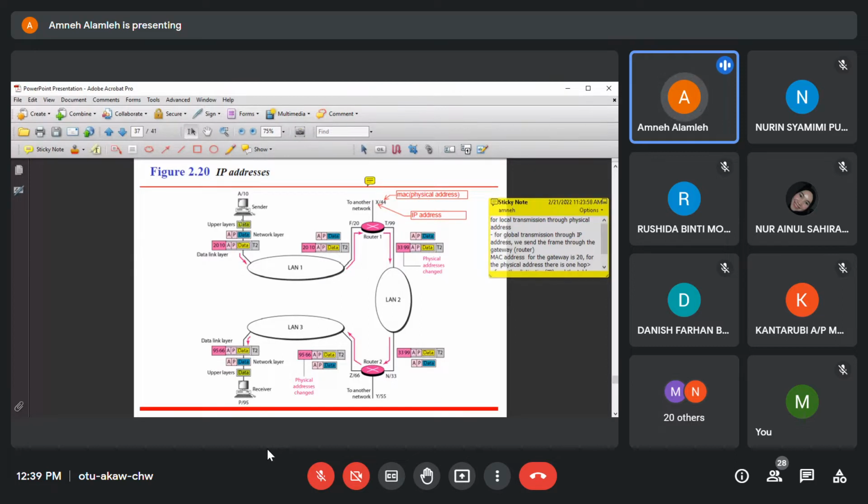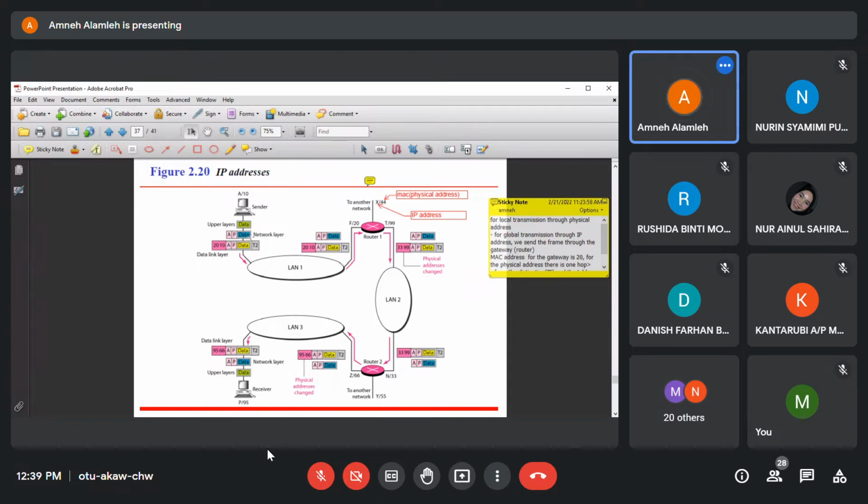It comes from the upper layer. Please focus on A10, the sender. The data comes from the transport layer, from the upper layer. It is enveloped in a packet in the network layer.